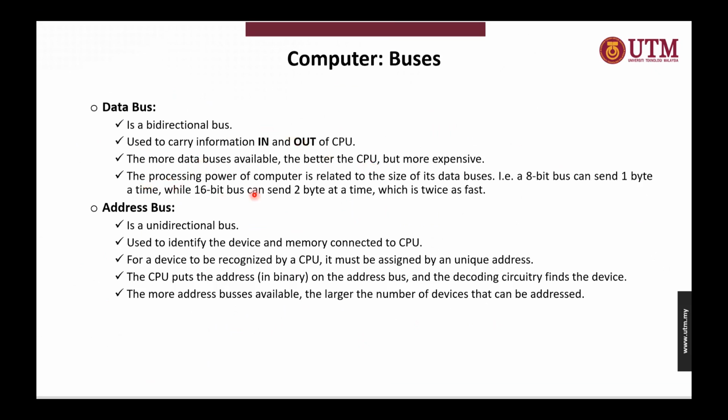The processing power of a computer is related to the size of its data bus. For example, an 8-bit bus can send 1 byte at a time. A 16-bit bus can send 2 bytes at a time, which is twice as fast. Let me give you an example. We have this number here, and we're going to send this number.